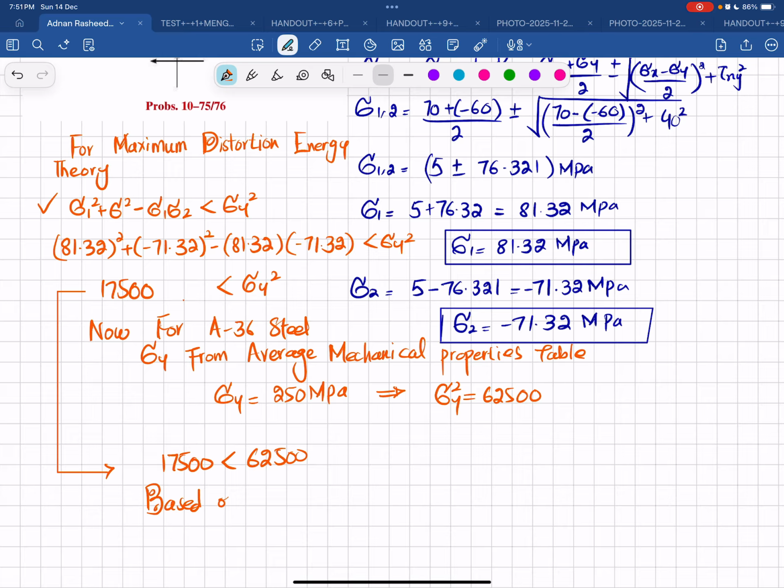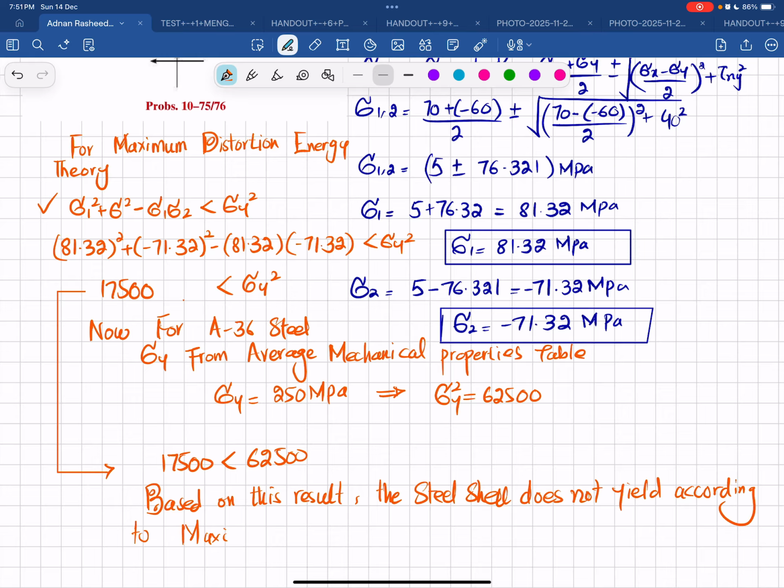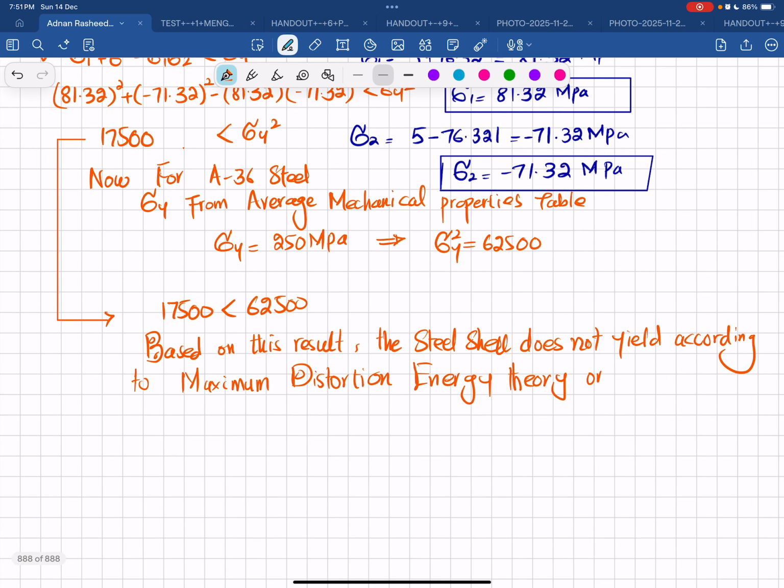Based on these results, the steel shell does not yield according to the maximum distortion energy theory, which is also known as the von Mises theory or von Mises criterion.